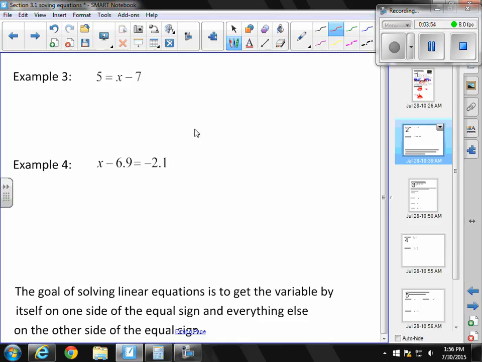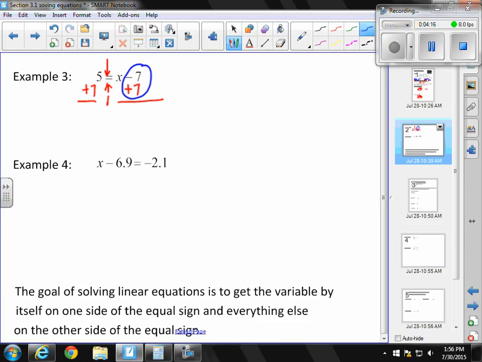Example number 3 says 5 equals x minus 7. Again, I want to get the x by itself. I'm going to add 7 to both sides of the equation. So if you notice here, addition and subtraction always go together. If I'm adding and subtracting the same number, it always adds up to 0.